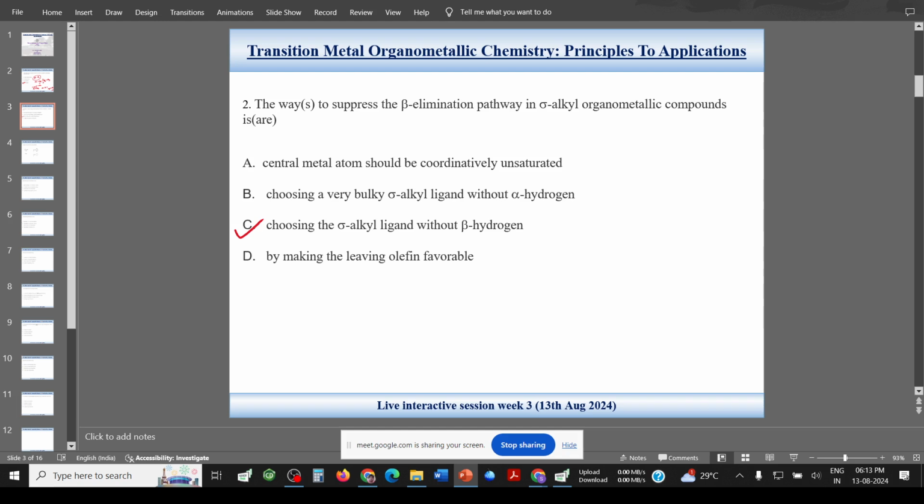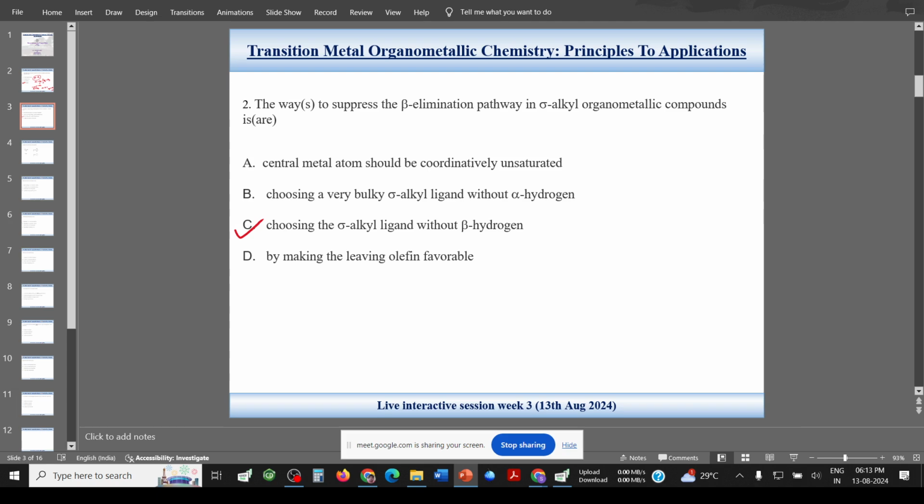So when we are discussing the beta elimination pathway, that means the elimination of beta hydrogen. If the system doesn't contain any beta hydrogen, there is no way to undergo the beta hydrogen elimination.